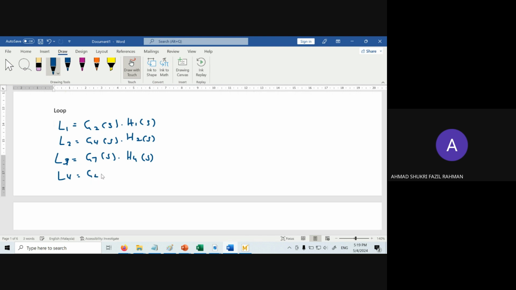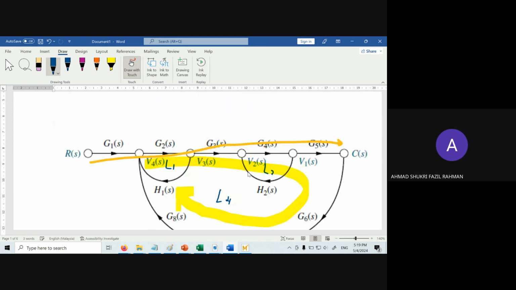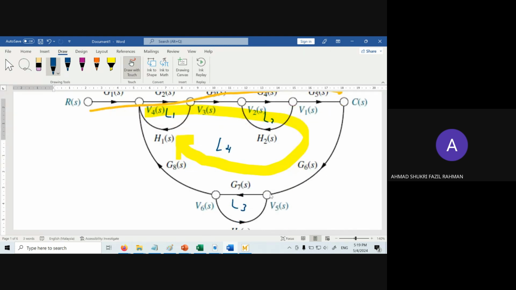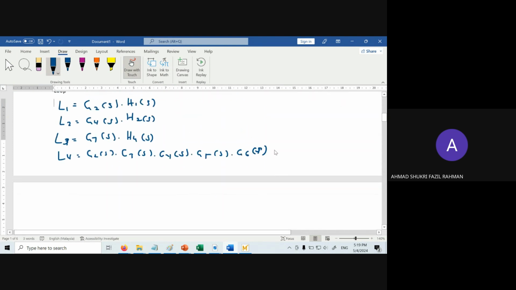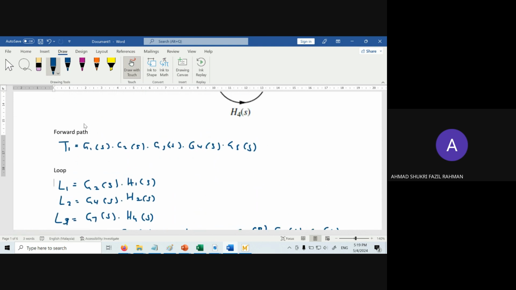Starting from G2(s) multiplied by G3(s) multiplied by G4(s) multiplied by G5(s) multiplied by G6(s), and then multiplied by G7(s) and then multiplied by G8(s).